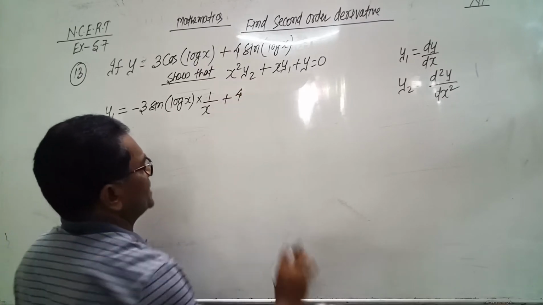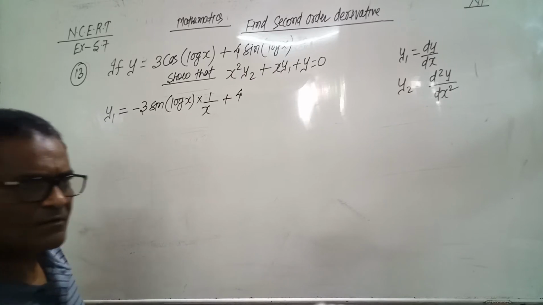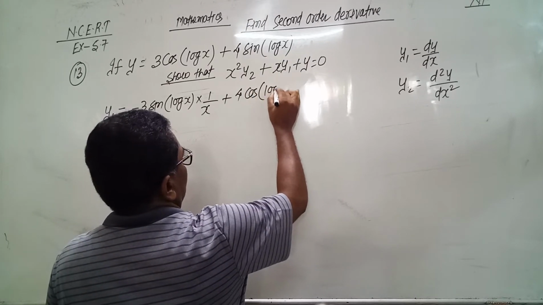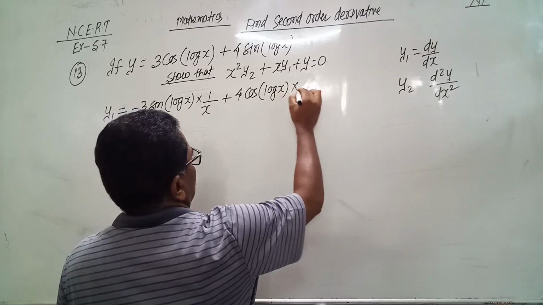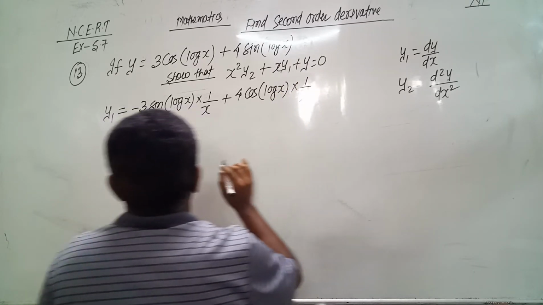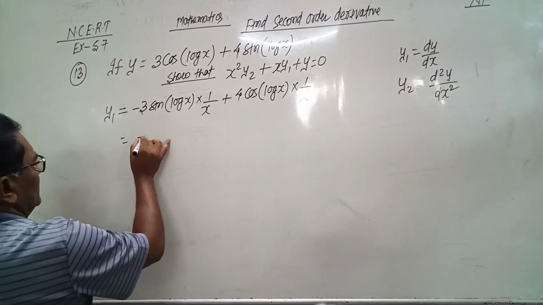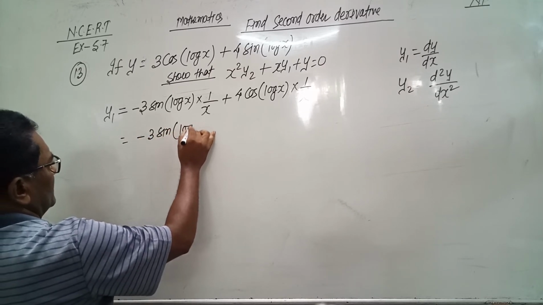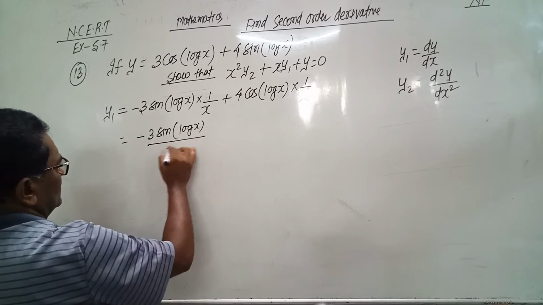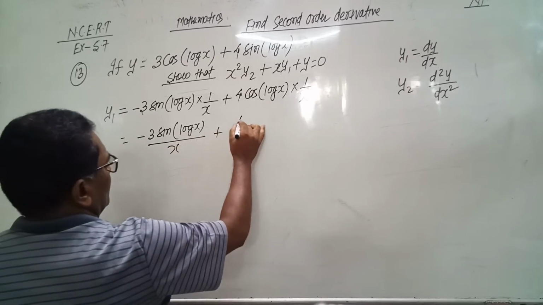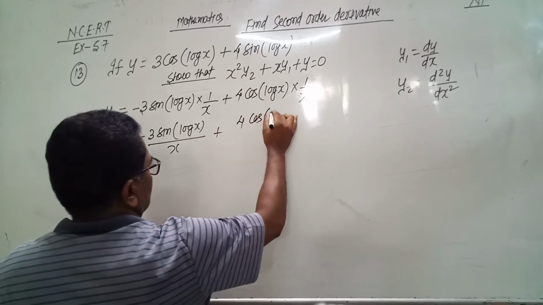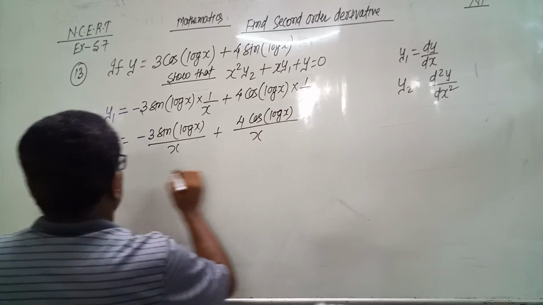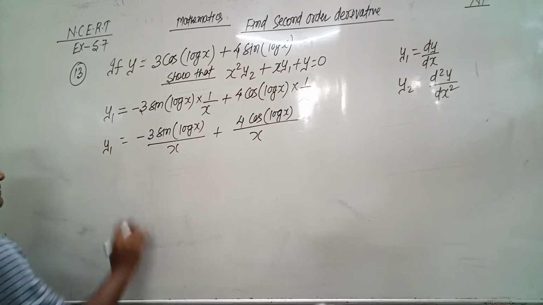Plus 4 as it is, differentiation of sin log x is cos log x, and differentiation of log x is 1 by x. So we get minus 3 sin log x by x plus 4 cos log x upon x, and this is y1.